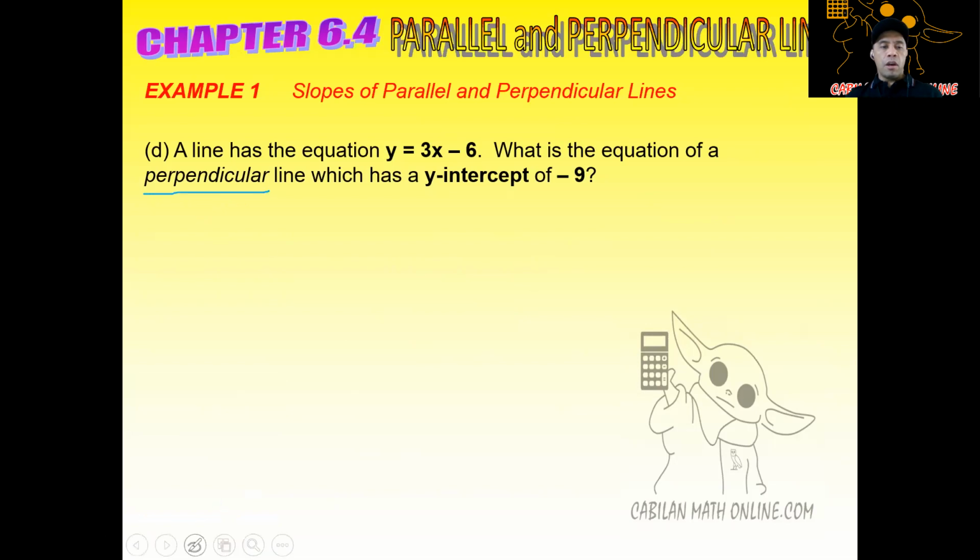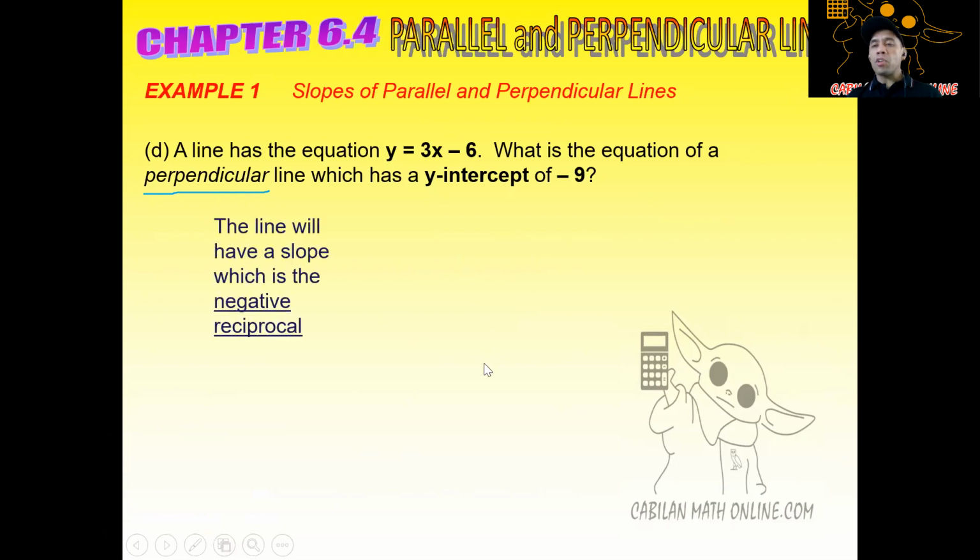All right. So once you establish that, what you could do is brainstorm what that means. Now remember that when you have lines that are perpendicular, you will have slopes that are negative reciprocals of each other. So if you take a look at the original question, what we have here is a slope of 3.